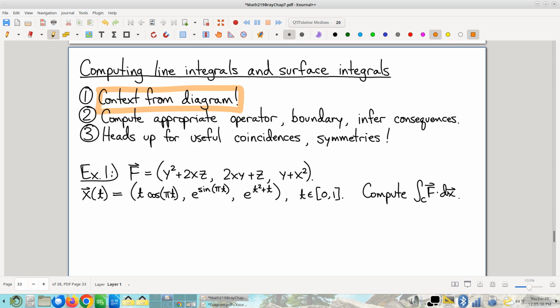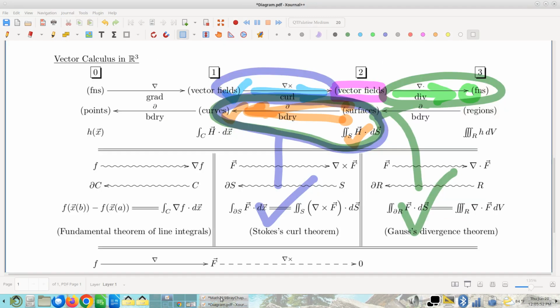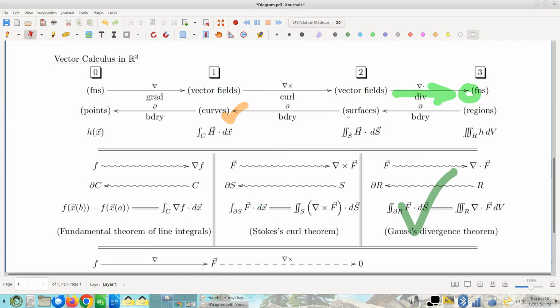For example, down here you see my vector field has 3 coordinates. You see my parameterization has 3 coordinates. I'm pretty clearly in 3 dimensions here. And furthermore, I've been asked to compute a line integral in 3 dimensions. So we're going to pop over to our diagram, and I'm going to get rid of this mess here. 3 dimensions. Whoops, stylus.